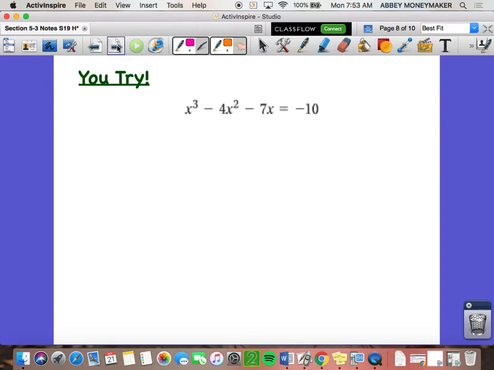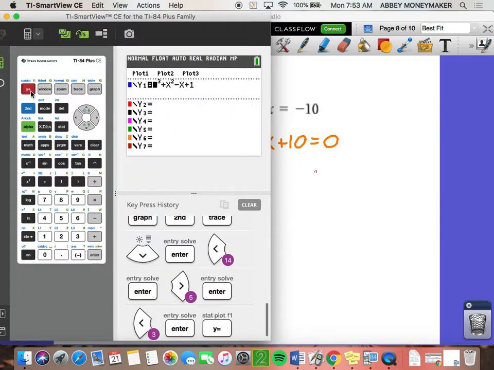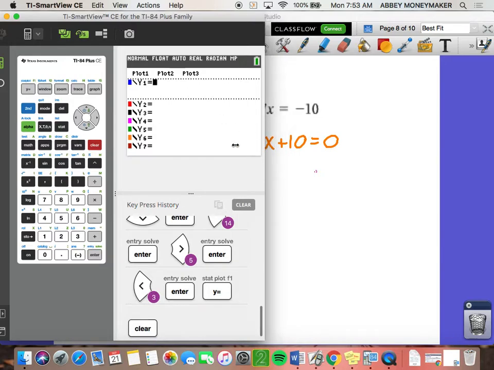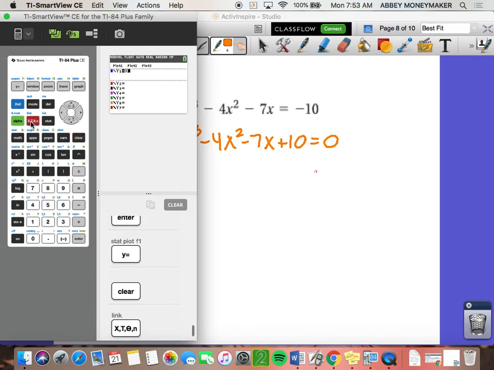Same thing with this problem here. We got to get it equal to 0 first. So we have x cubed minus 4x squared minus 7x plus 10 is equal to 0. I'm going to grab my calculator, and we're going to type that into y equals x cubed minus 4x squared minus 7x plus 10, and then we're going to graph it.